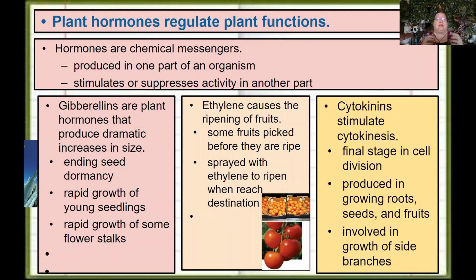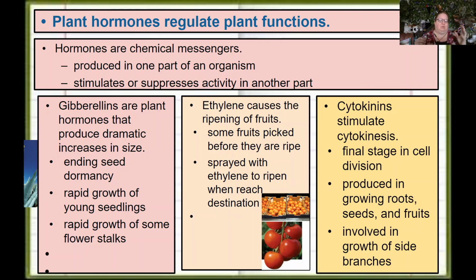Another example would be ethylene. Ethylene is a gas that's produced by plants when they're ripening their fruit. Anybody who's brought in fruit from the store and maybe all the bananas are green, and then if you've ever wondered, oh my gosh, how did they all ripen at the same time?